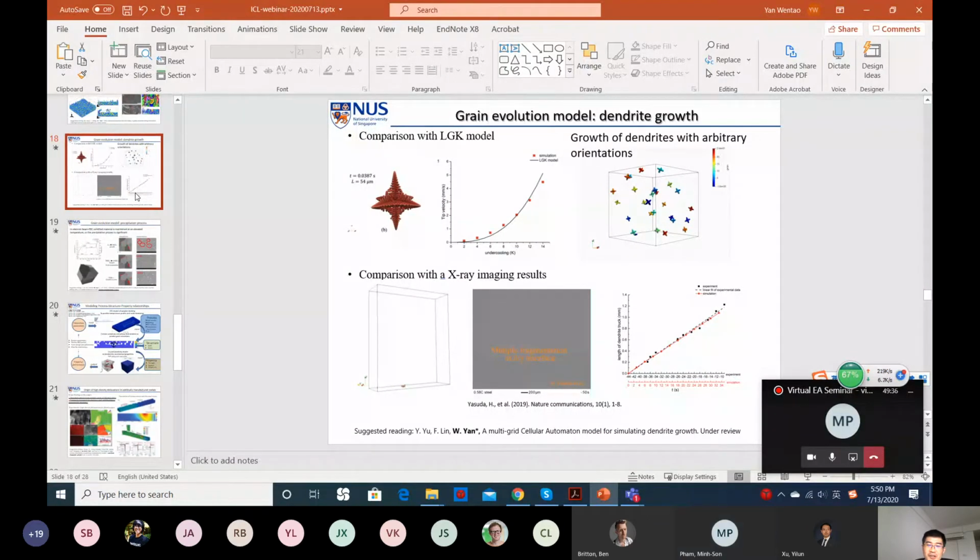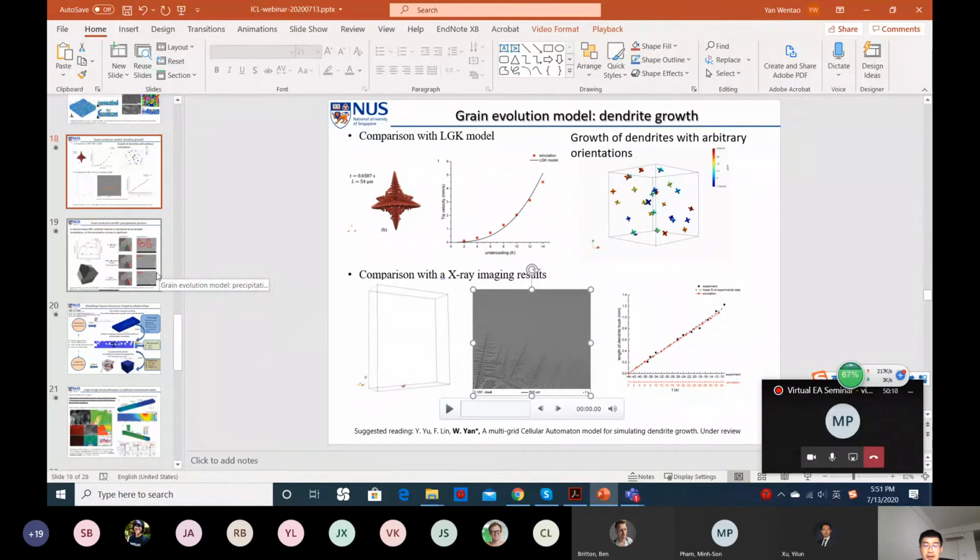Okay, that's a good question. When we do a simulation, we develop a model. We first start from a simple case, like a casting case, a very well controlled case, like this X-ray imaging case for dendrite growth. We validate against this kind of experiment, and then we go to more complex cases in additive manufacturing. But currently, X-ray imaging of dendrite growth in additive manufacturing, I haven't seen yet.